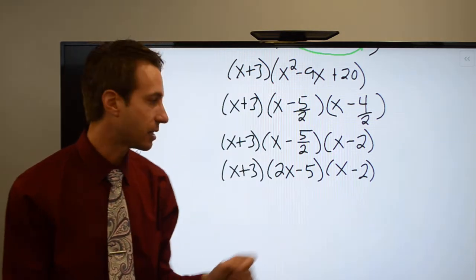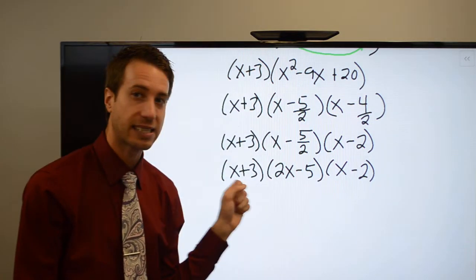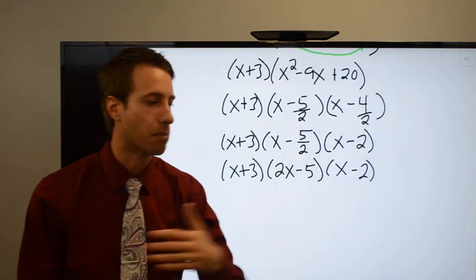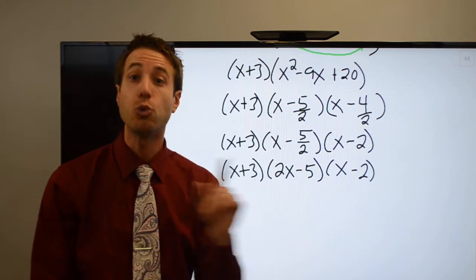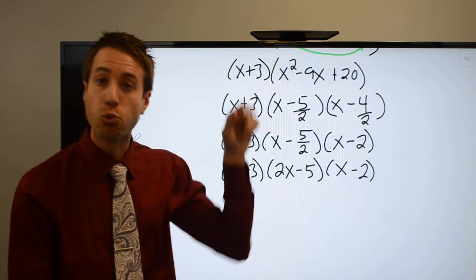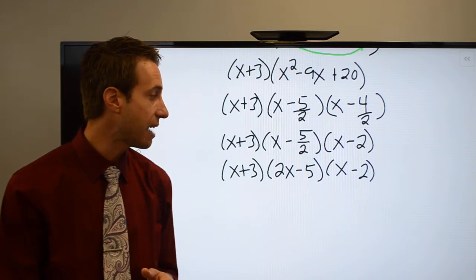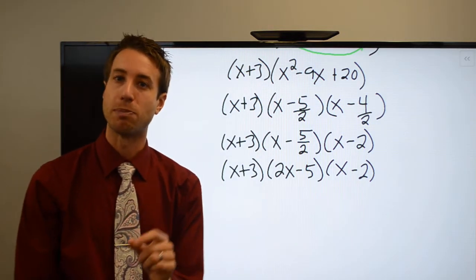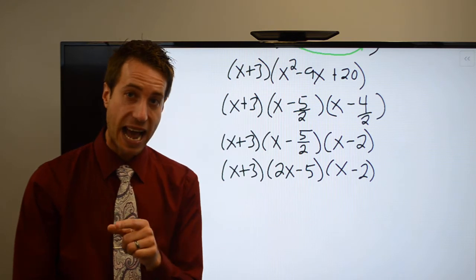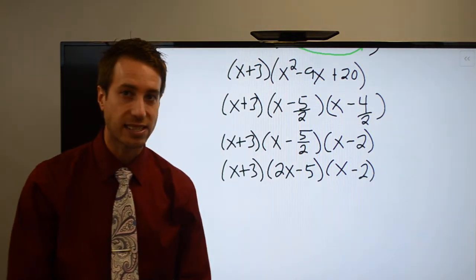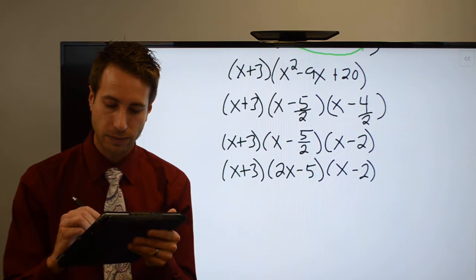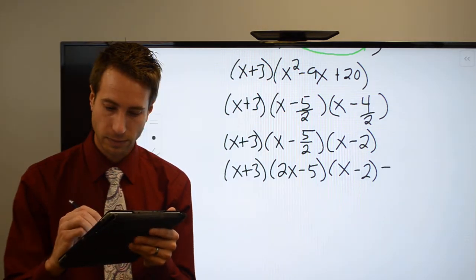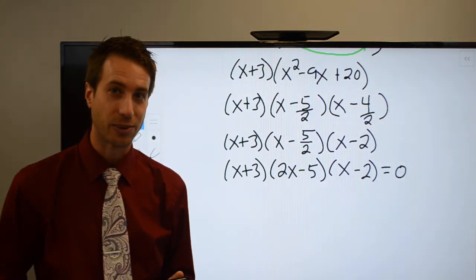Again, remember what this means. If you were to multiply these guys out, use the distributive property to multiply everything together, you would get back to the original polynomial that I gave you. But here's why this is such a big deal. I will then ask you to set this guy equal to 0. You see what's coming.